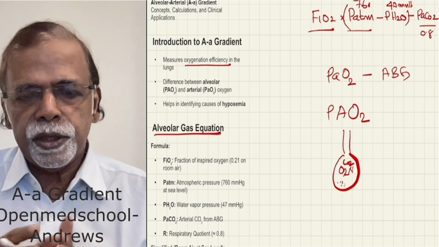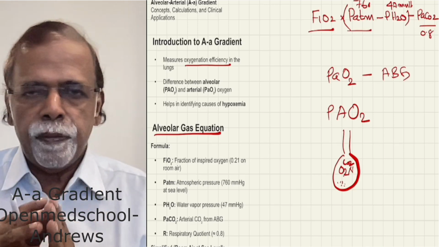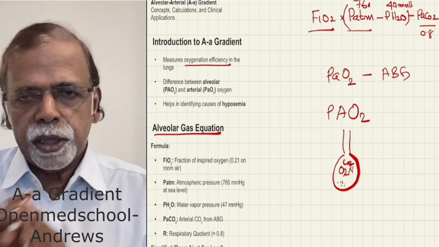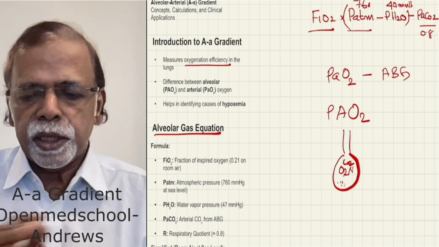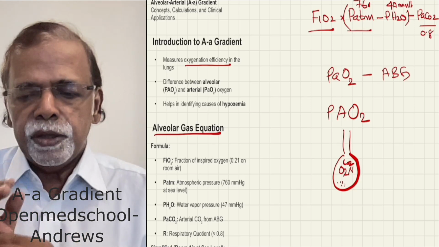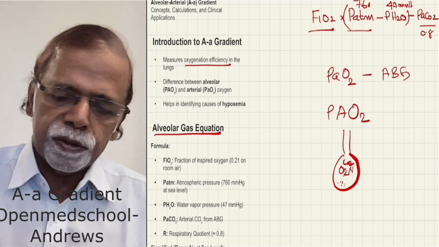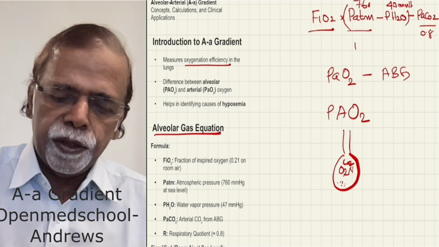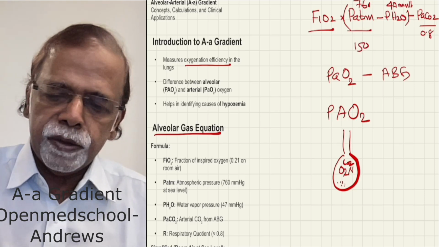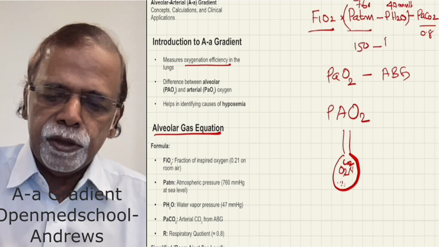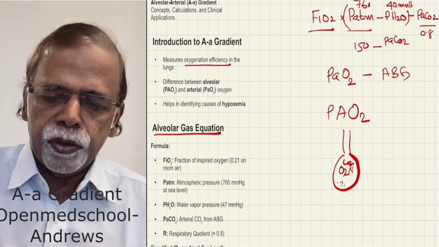This is how you calculate the alveolar gas equation. The alveolar gas equation is FiO₂ times the atmospheric pressure minus the water vapor pressure, minus PaCO₂ divided by 0.8. This can be simplified as 150 minus the PaCO₂ divided by 0.8.